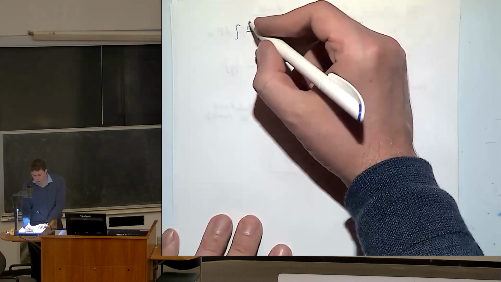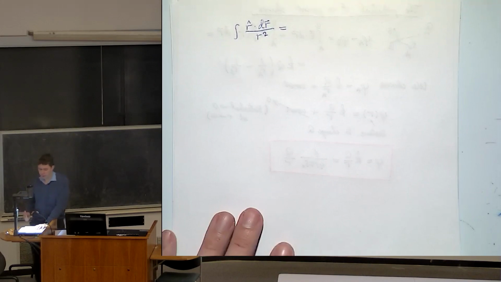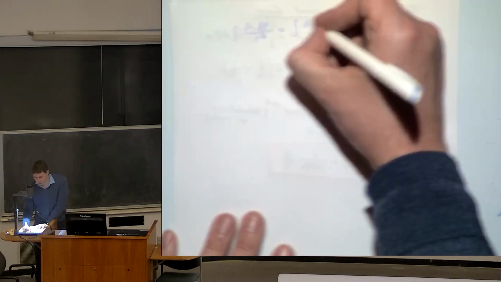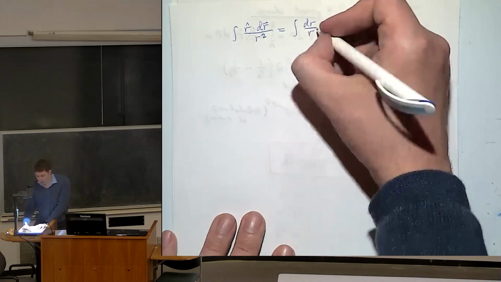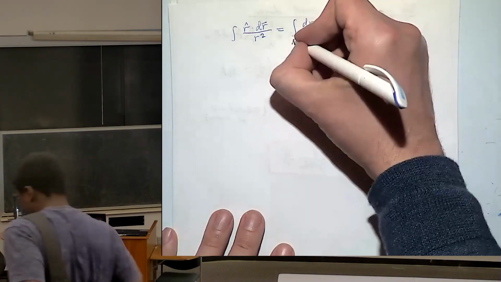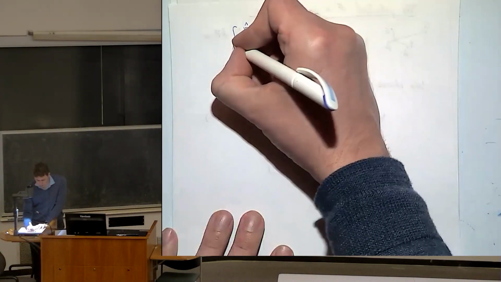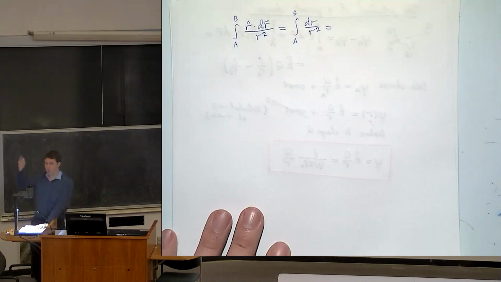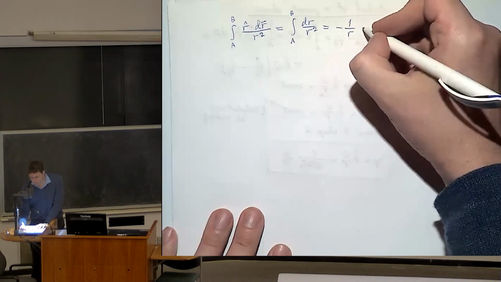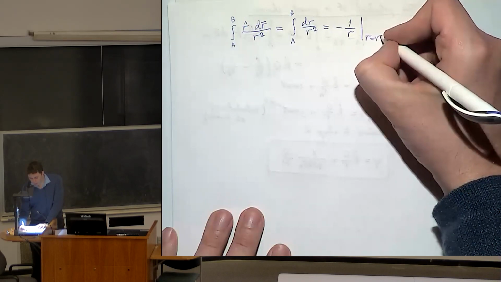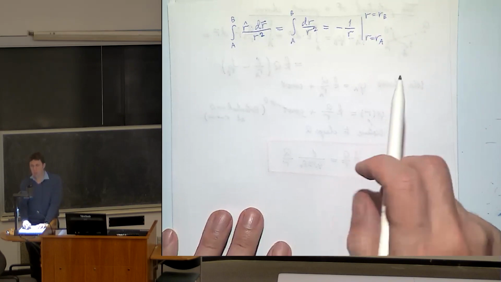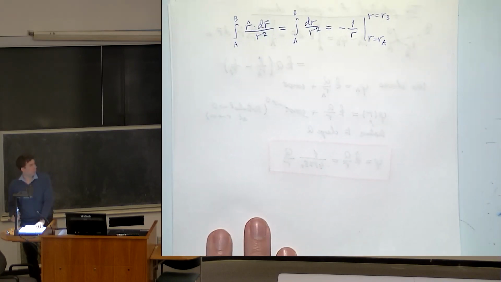Then we can convert the product of these factors to scalars, so it becomes dr over r squared. And then we take this integral. It's the integral of the function 1 over argument squared, which is minus 1 over r at the two limits, Ra and Rb, and that's how we get it.